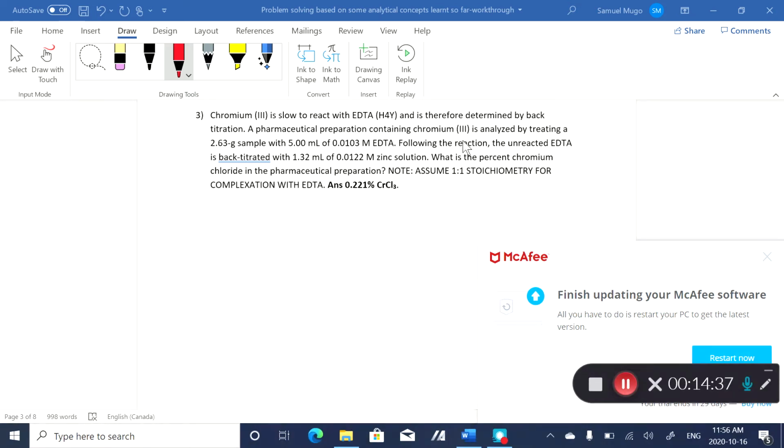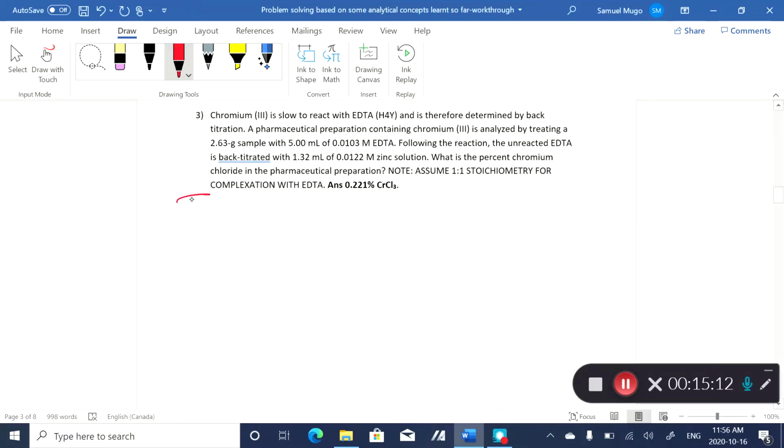And then following the reaction, whatever didn't react of the EDTA is back titrated with this number of mils of another titrant, in this case, zinc solution. And so the question is, what is the concentration of chromium chloride in the pharmaceutical preparation in the sample? So what you need to do in this case is always start by writing the titration reaction.